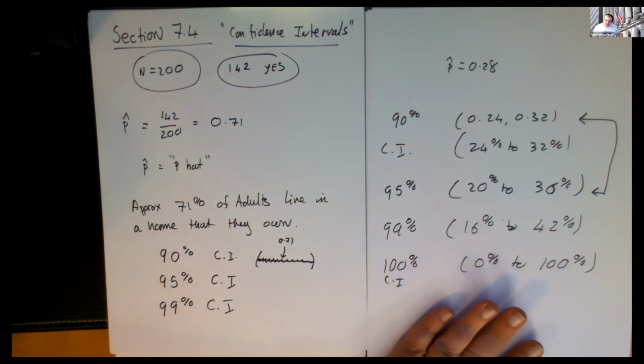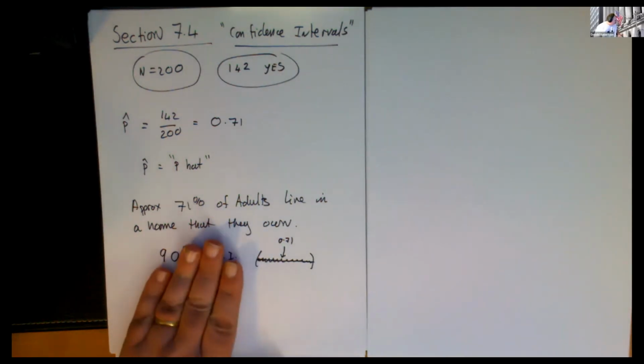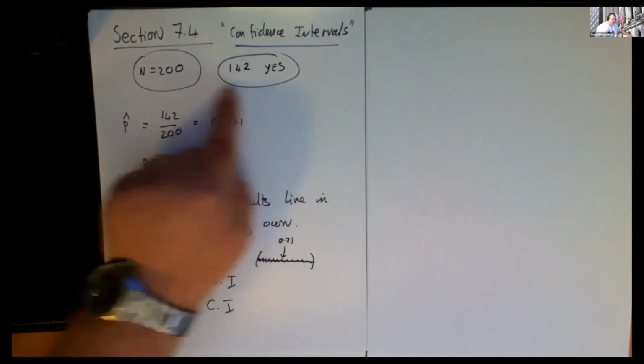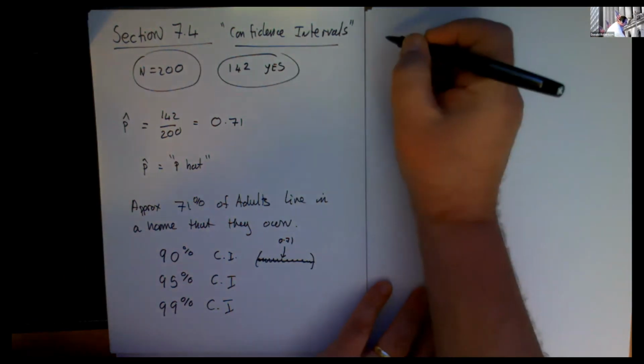So far, so good? Yeah, sure. Right, so let's return now to our question that we started off on. This one here. We're going to create one of these confidence intervals from scratch.